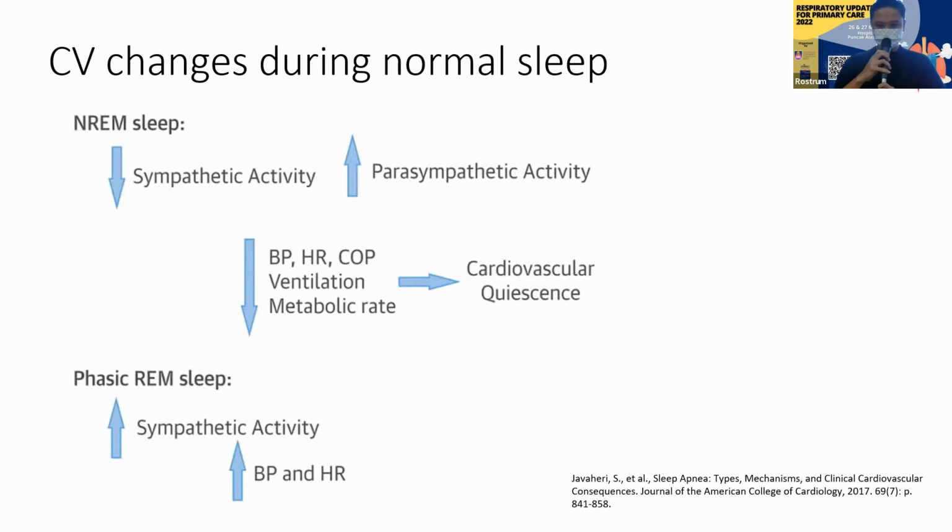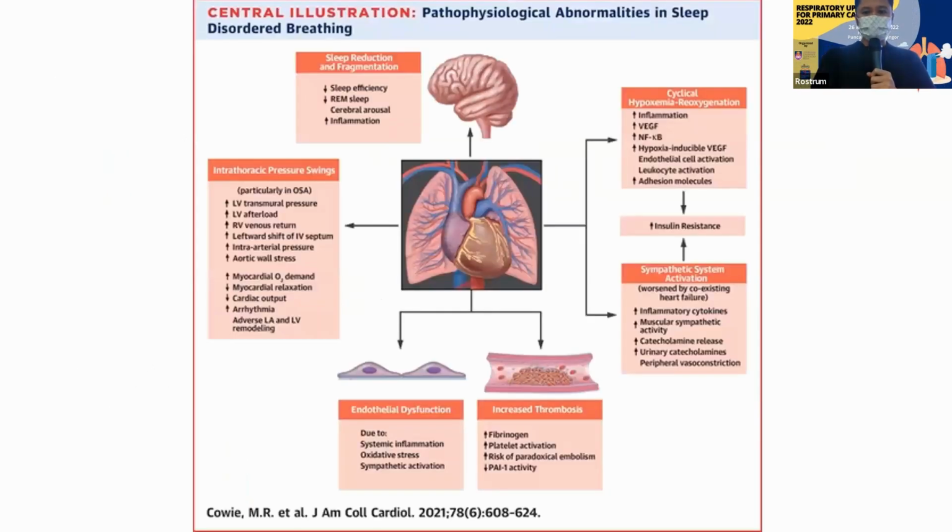During non-rapid eye movement sleep, which is about 80% of total sleep time, sympathetic activity decreases and parasympathetic activity increases. This results in our BP, heart rate, ventilation, and metabolic rate reducing, contributing to the relaxation of our cardiovascular system.